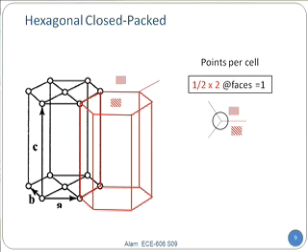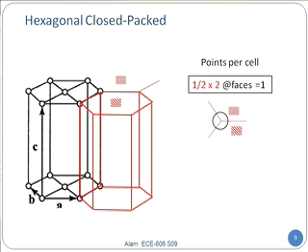Do you see that if you look from the top, that atom in the corner will be shared among 3 such hexagonal columns, right? You can see it here, the 3 hexagonal columns. So inside each hexagon, we have 1/3 of the atom sitting.